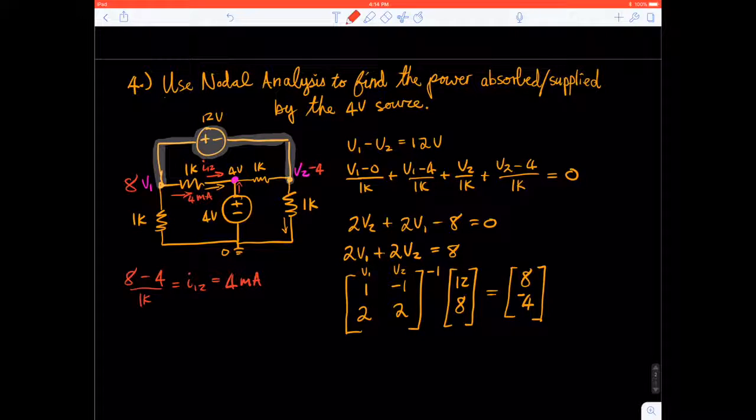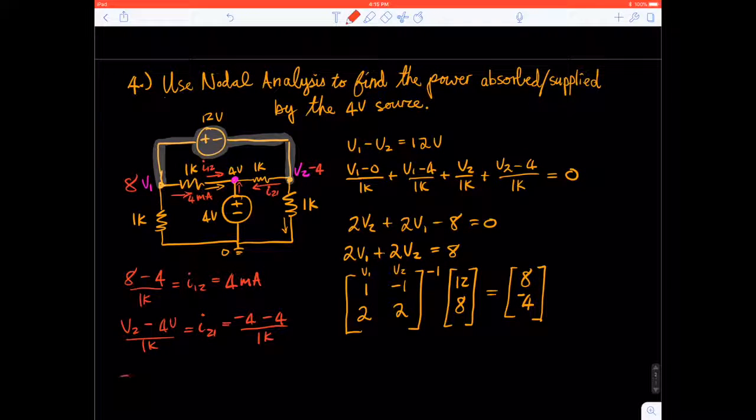All right, so let's do the same thing for the other side. We'll say V2 minus 4 volts divided by 1K should be equal to, and we'll say this current right here, we'll call it I21, the opposite. So I21 is equal to, now V2 is minus 4, and there's a minus 4, so minus that positive 4, also divided by 1K.